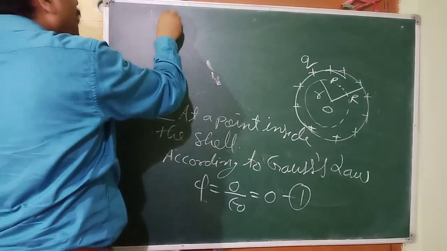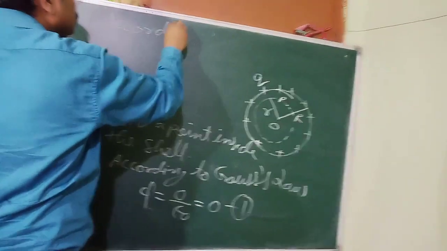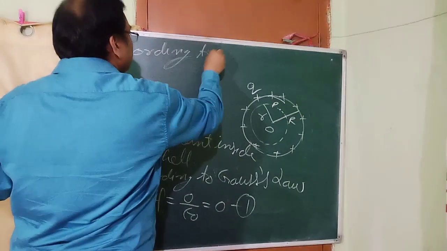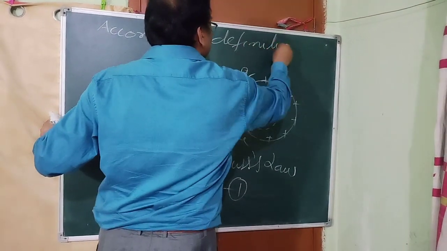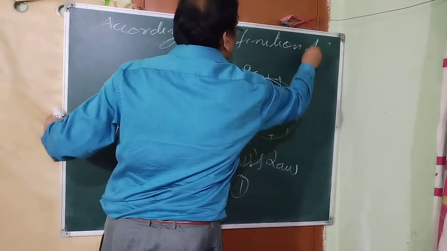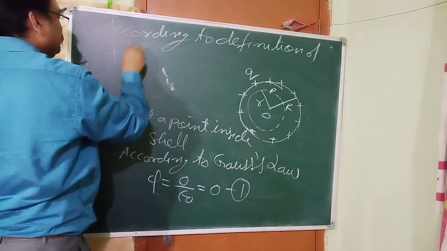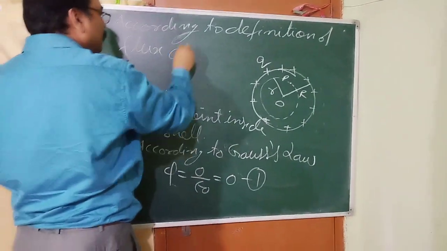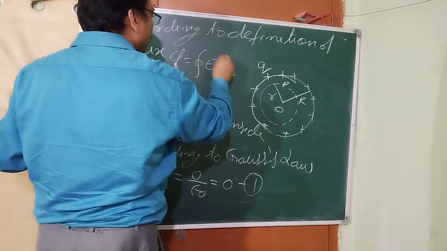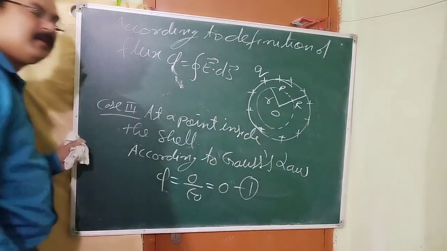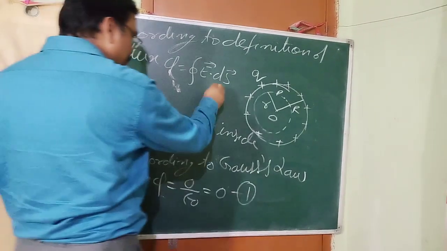According to the definition of flux, what do you get? Phi is equal to integration E dot ds. This is our equation number 2.